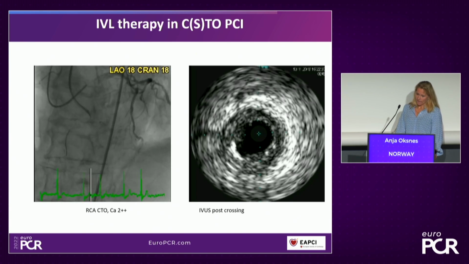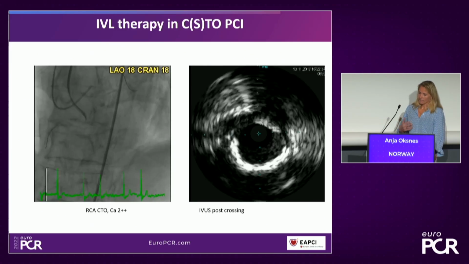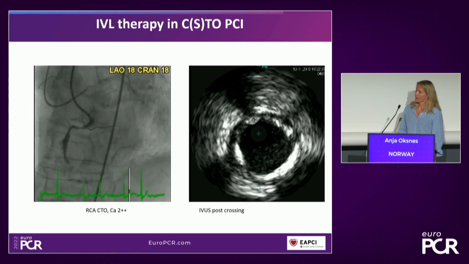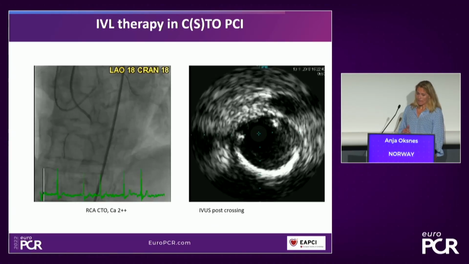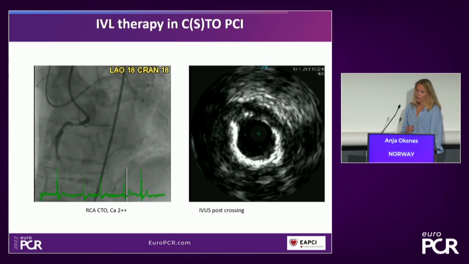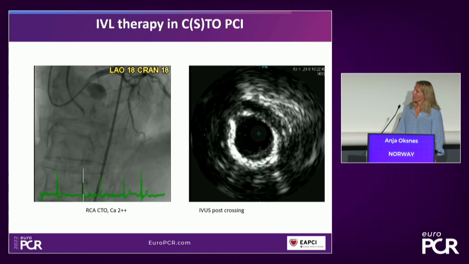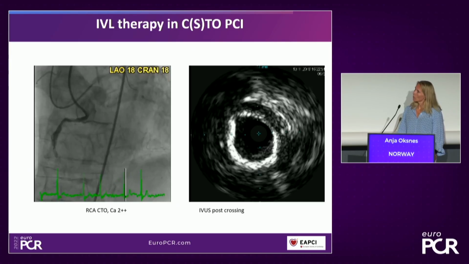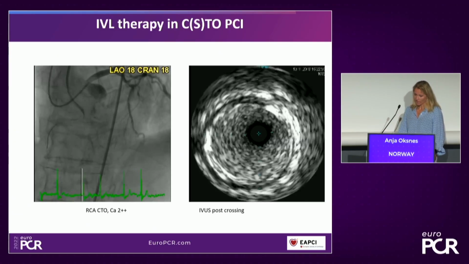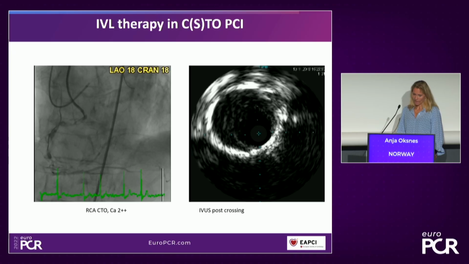So this is a CTO of the right, and you can see on the IVUS the massive calcium burden, both concentric and eccentric calcium. This is after pre-dilating with a 2.5 balloon. And here you see, even though it's thick calcium, the lumen is quite big, so I didn't think that rotablation would be a good choice here because you wouldn't reach the edges and modify the plaque.